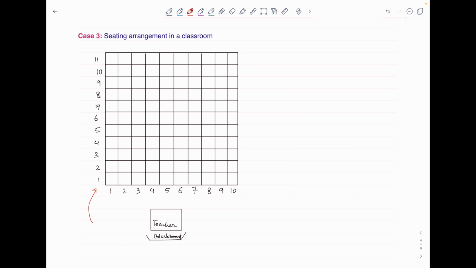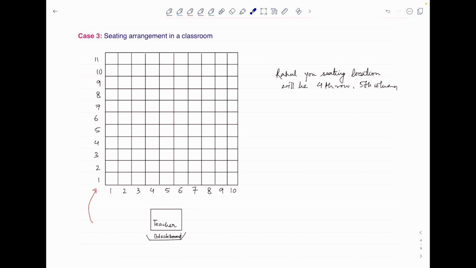And teacher said, Rahul, your sitting location will be fourth row, fifth column. So you enter from this side, and your sitting location will be fourth row, fifth column.